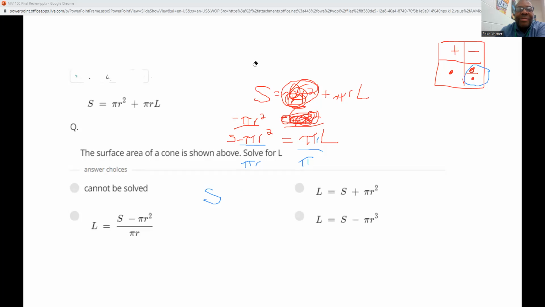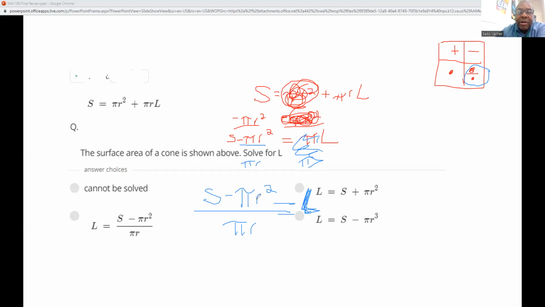All right. That's going to leave me with S minus pi R squared divided by pi R, right? Equals L. There we go. I figured out my mistake.